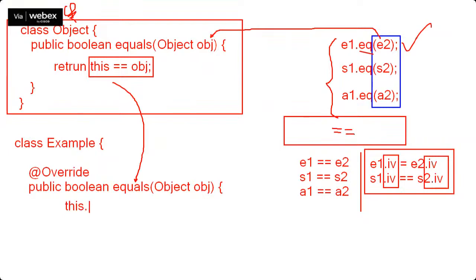Current object data x equal to argument data x, I have to compare. Tell me, is this line compiled or not compiled? Show your core Java knowledge.